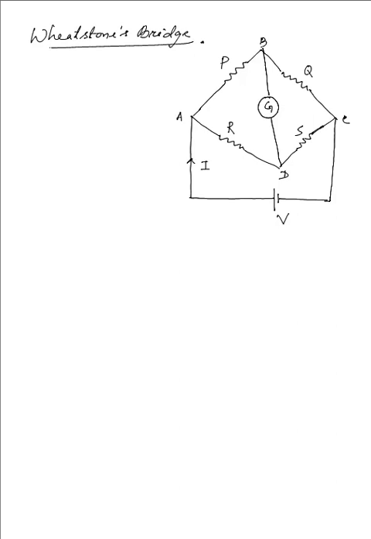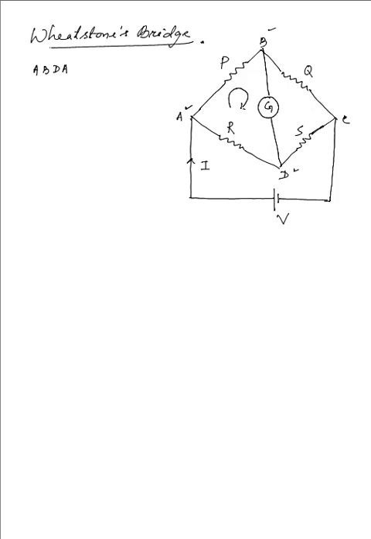You can have as many loops as possible, but we will be considering two loops out of them. The first one being the loop A B C D A. The other one is A B D, and back to A. So this is the A B D A loop.